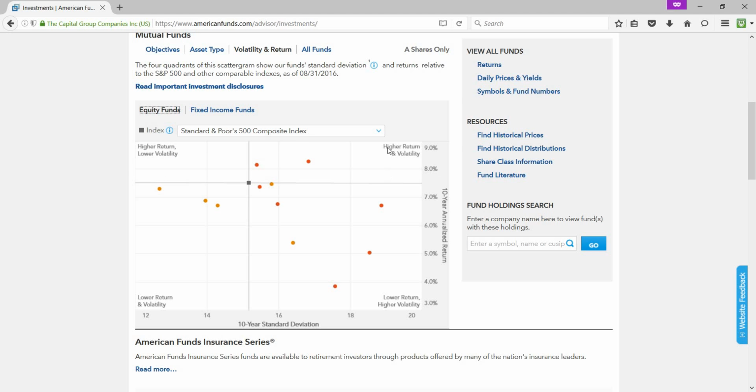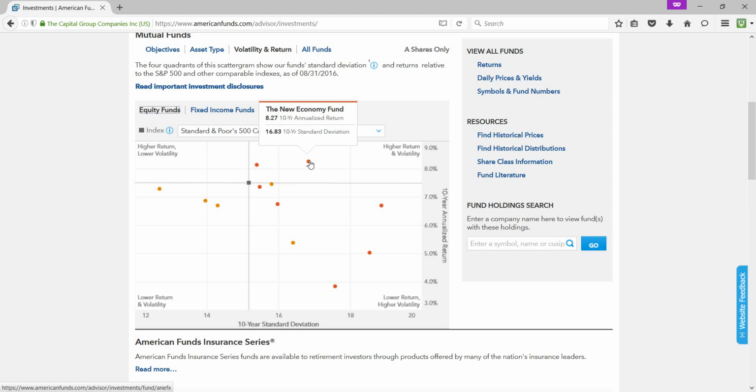Now this quadrant with high risk and higher return, as you can see, has the MCAP fund with a standard deviation of 15.39. So risk-wise, it is still closer to the median of 15, closer to the average risk, and still the rate of return is 8.15%.